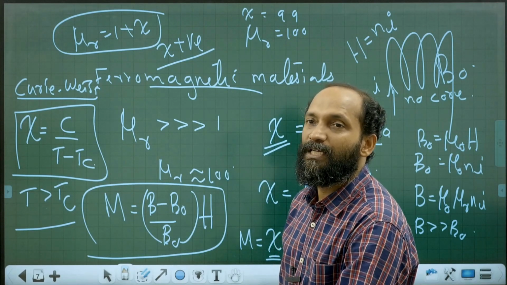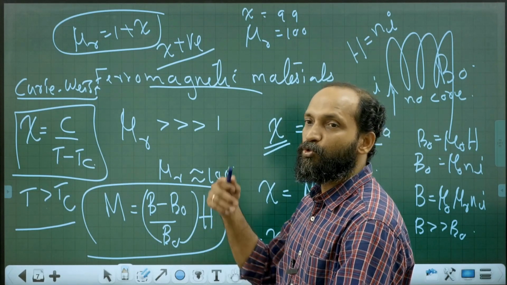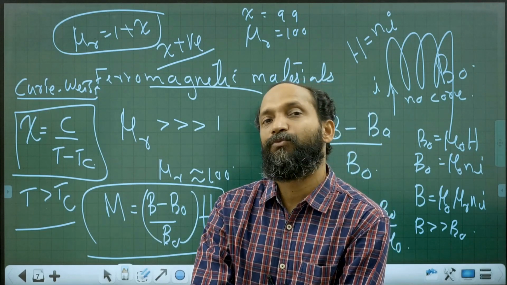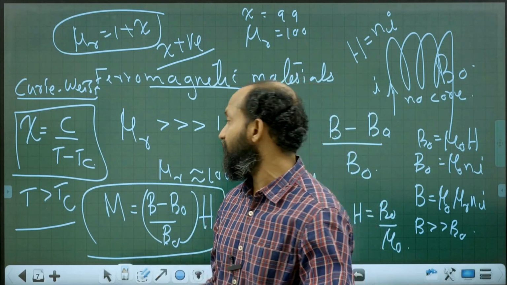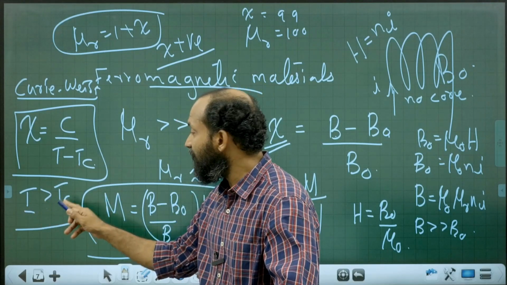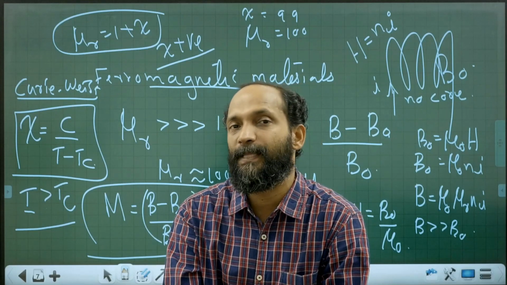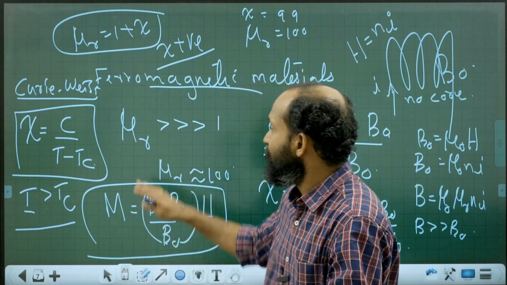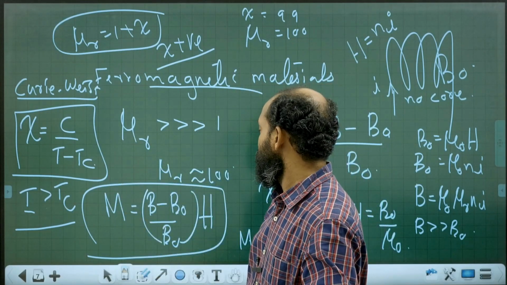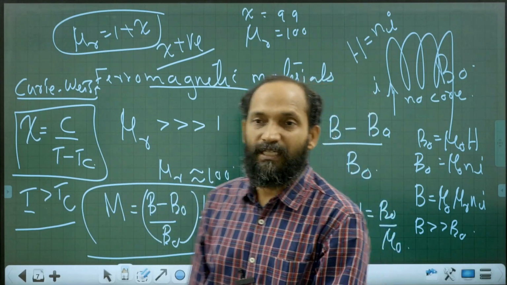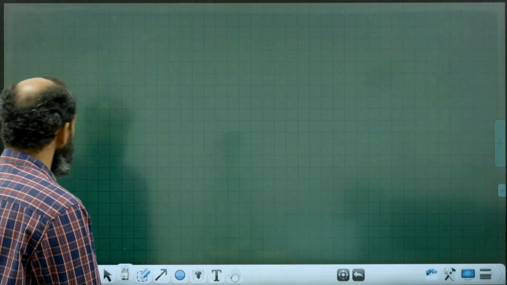The ferromagnetic material goes to the paramagnetic state. That means it shows paramagnetic properties when temperature is increased above the Curie temperature. Curie temperature is different for different substances. This law is called Curie-Weiss law. So this type of formula is very important. Susceptibility, magnetic intensity. Next page I will continue.